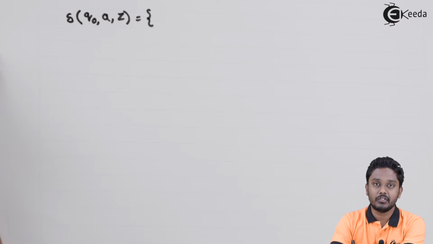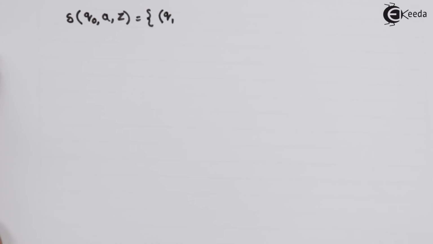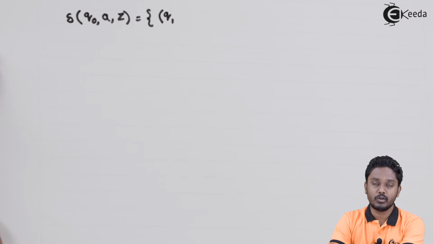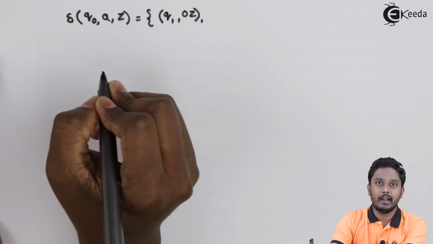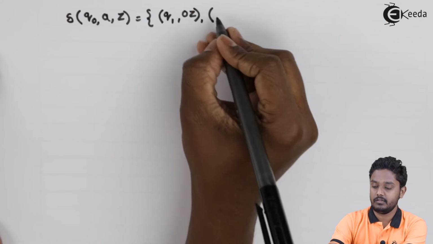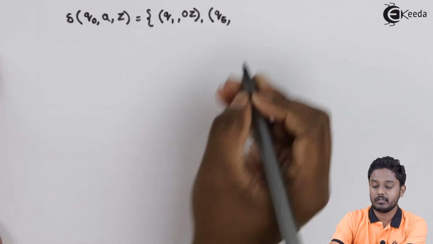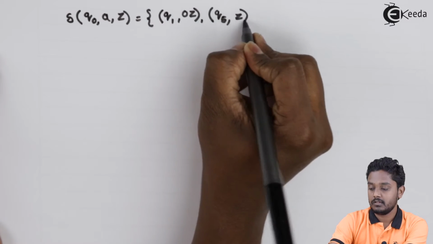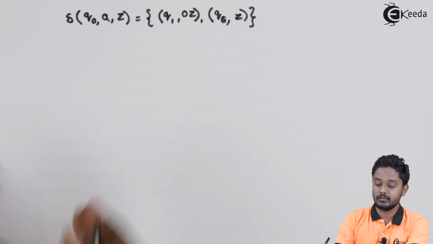We have two transitions, one to state Q1, the other to state Q5. Q1 is pushing a 0 onto the stack, and Q5 keeping the Z as it is. Let us write other transitions as well.